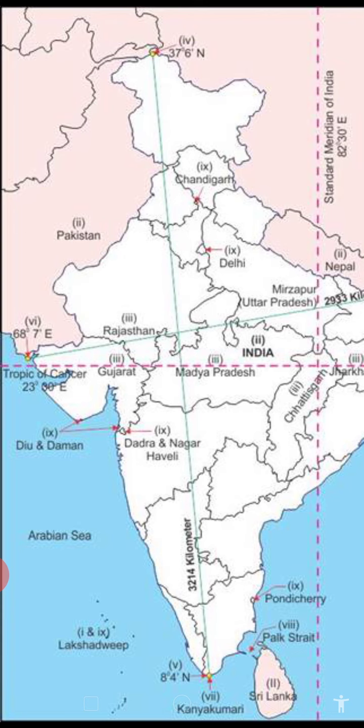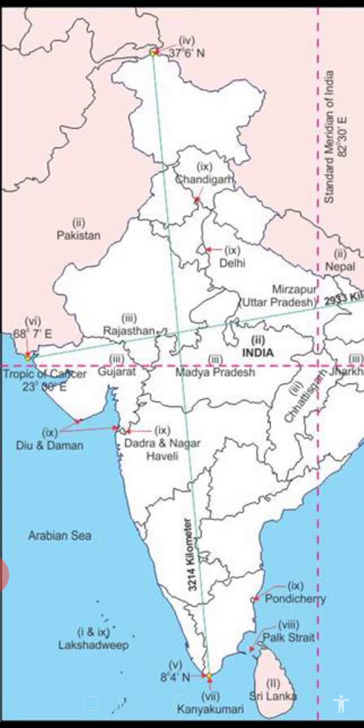In Gujarat, the longitude is 68.7 degree east. Why east? Students, you must be knowing that India lies in the northern hemisphere of the world and in the southeast of Asia. Because it lies in the east part, we have taken east.